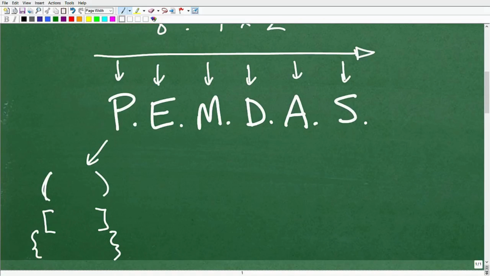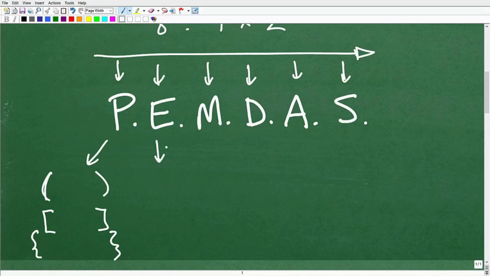So P is everything inside parentheses. We're going to be looking for parentheses or brackets or little squiggly brackets, and we're going to do everything inside them. Now, after we've done that, and again, there are a lot of variations and different types of practice problems, this is just a basic overview of PEMDAS. So E, what does E stand for?